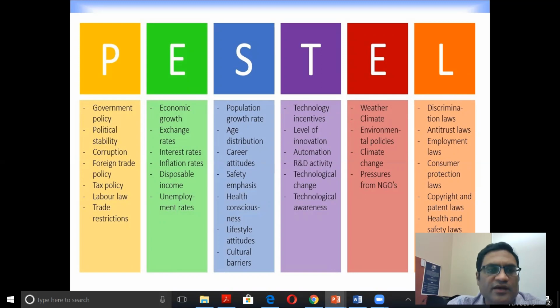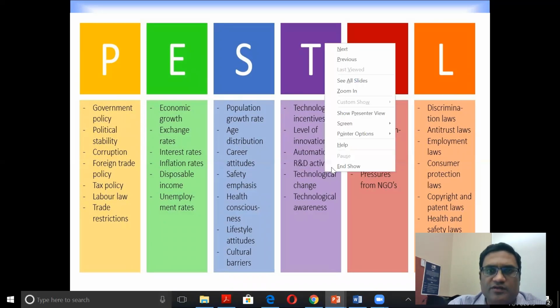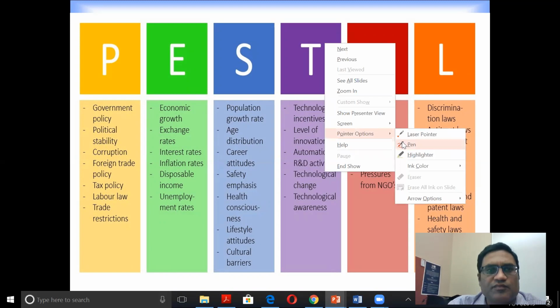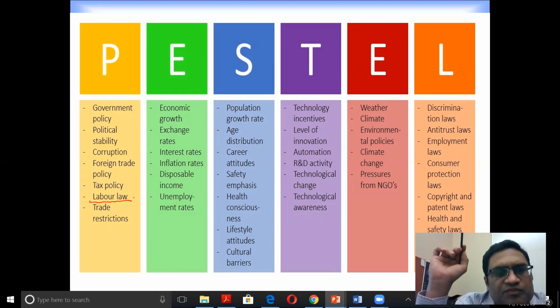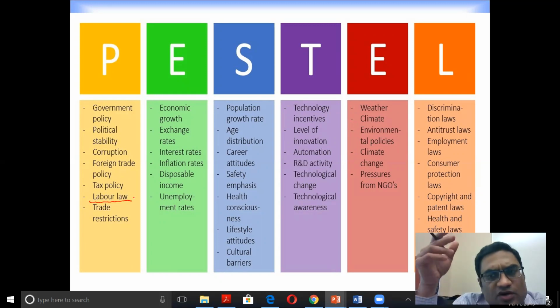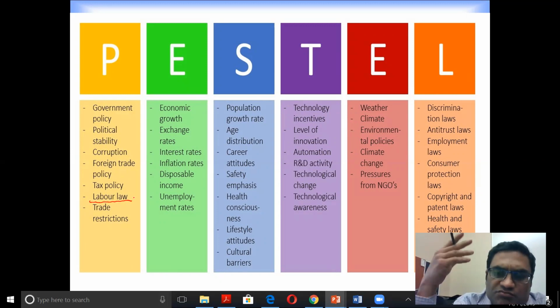So let's say in my case, I picked the Houston Children's Hospital. Let's say I think about the labor law. Again, pick the ones that are applicable to your company. The reason I'm picking labor law is hospitals have doctors, nurses.